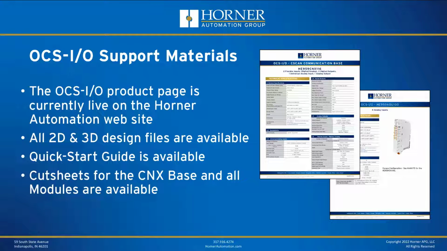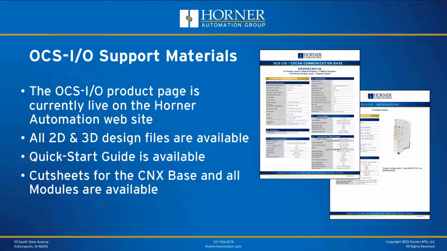Now, in terms of the materials that are available, basically everything is ready to go. So the OCS-IO product page, I believe Marcy put a link to the product page in the chat or the Q&A section somewhere, is available there. Of course, you can just navigate to our website at www.hornerautomation.com and quickly find it from the IO section of the products, and OCS-IO is prominently displayed.